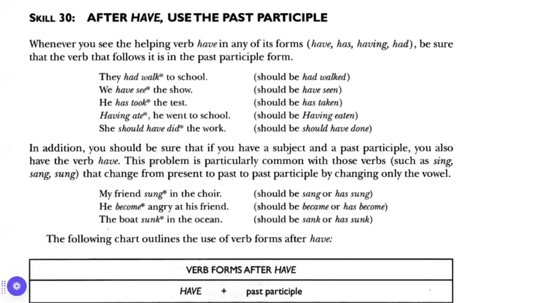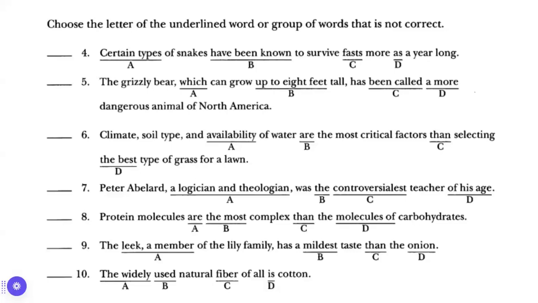Anytime the verb have is used as an auxiliary, you need to use the past participle form of the verb.